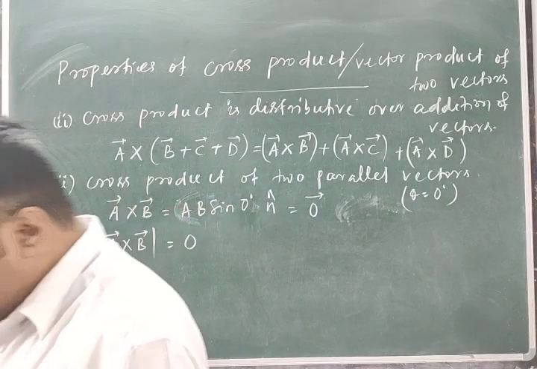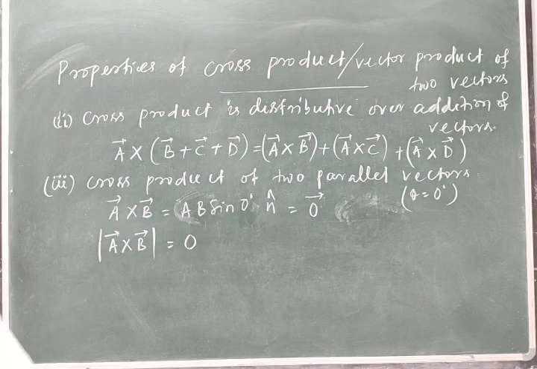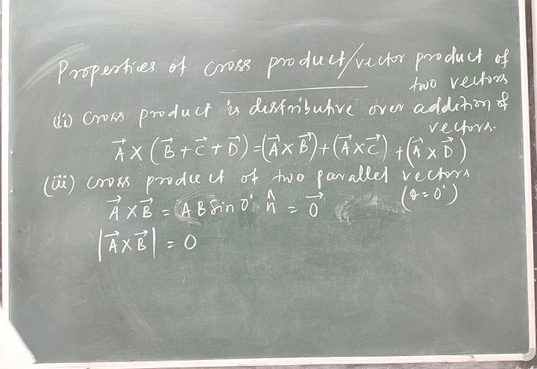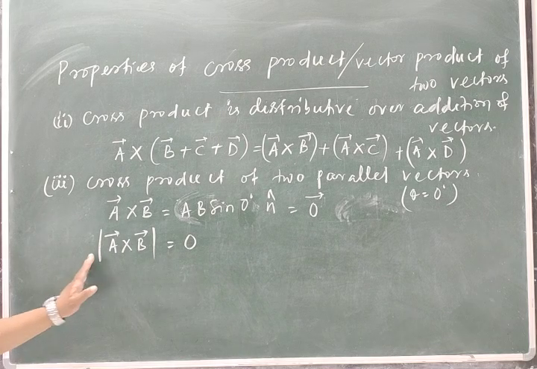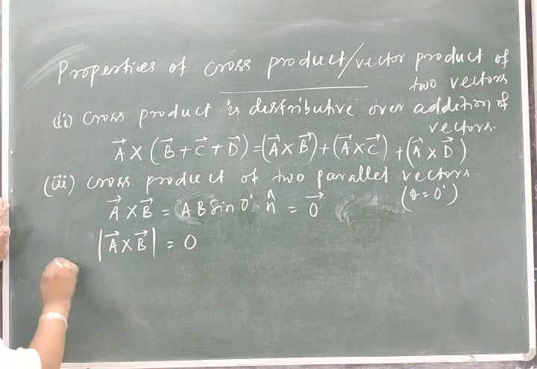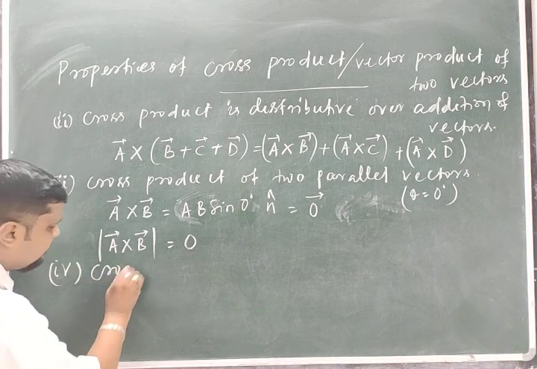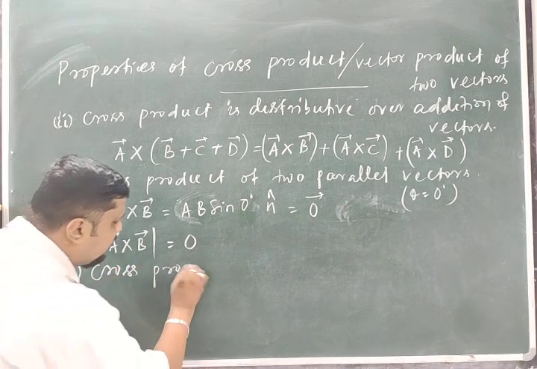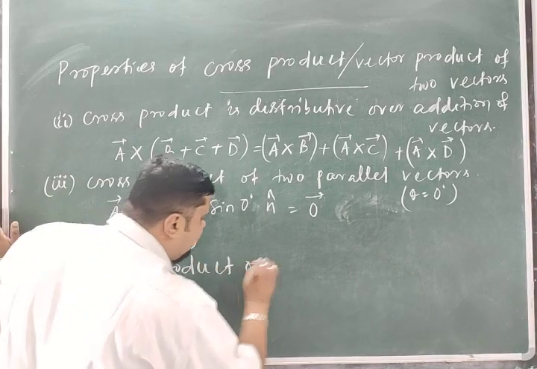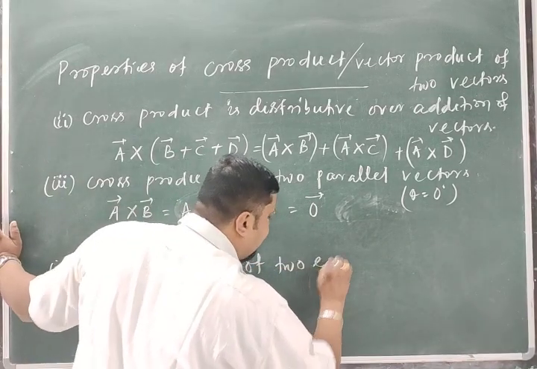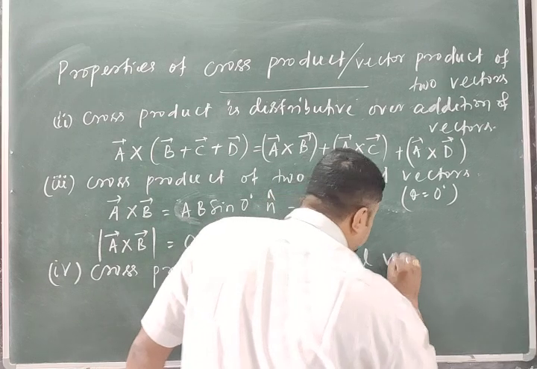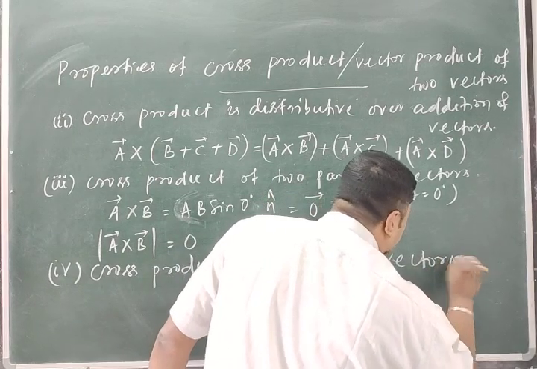Clear? Then next we will go for the cross product of two equal vectors.